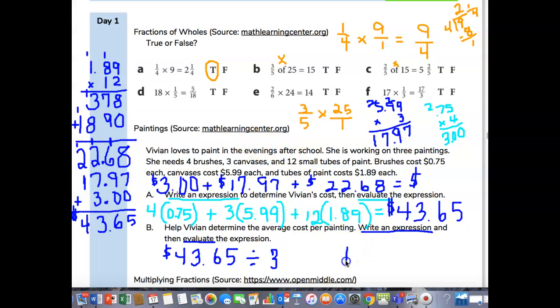So we have to do this. We have to go 43.65 divided by 3. All right. So we're going to just bring up our decimal point right there. And then we divide. 3 goes into 4.